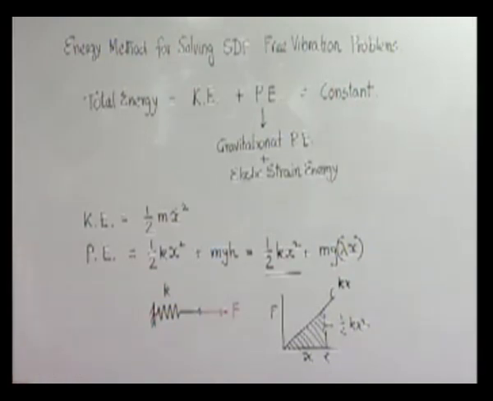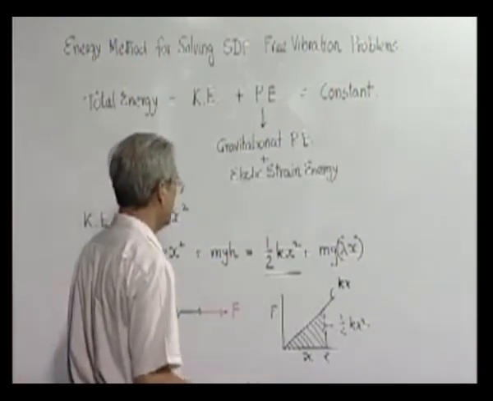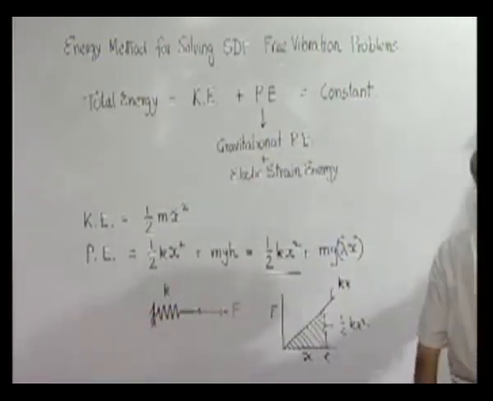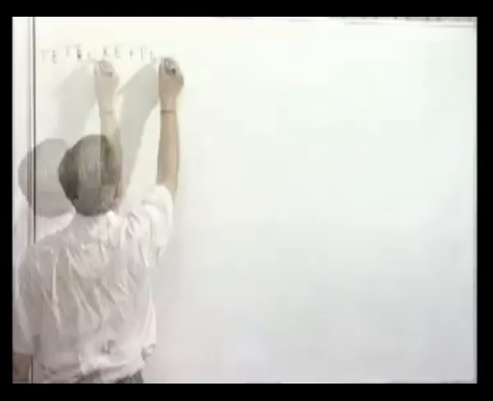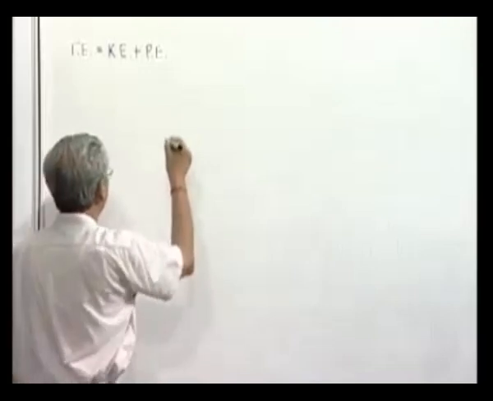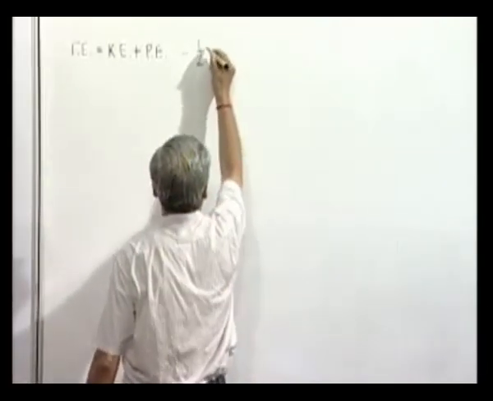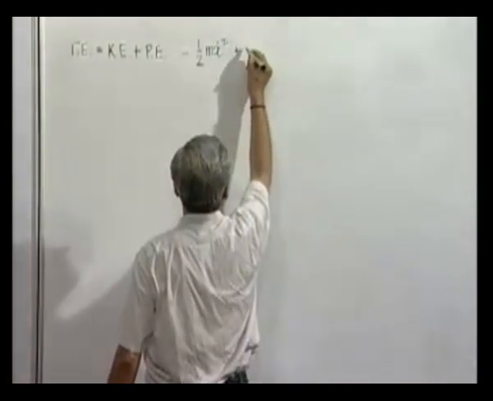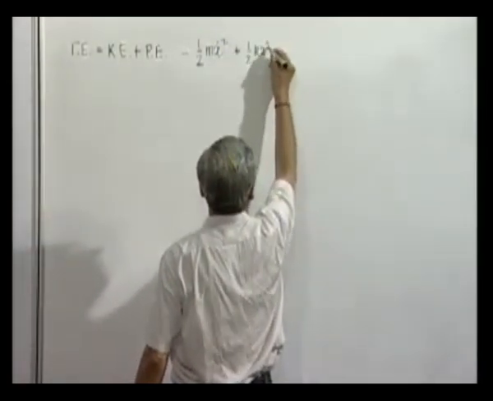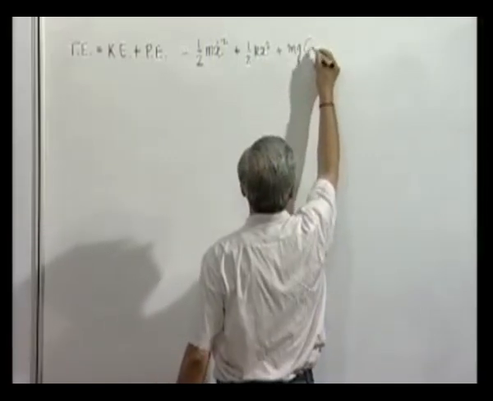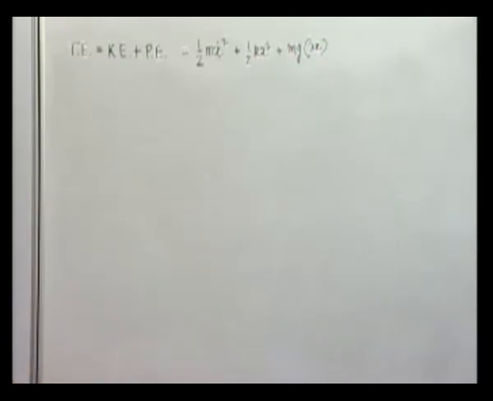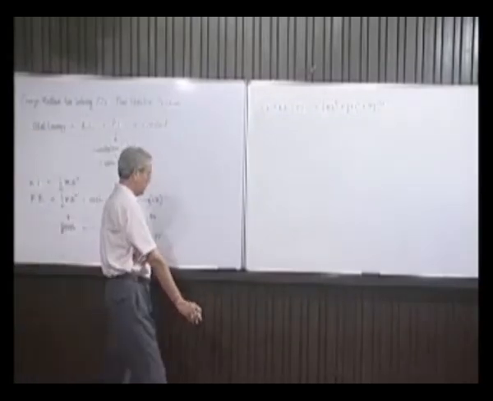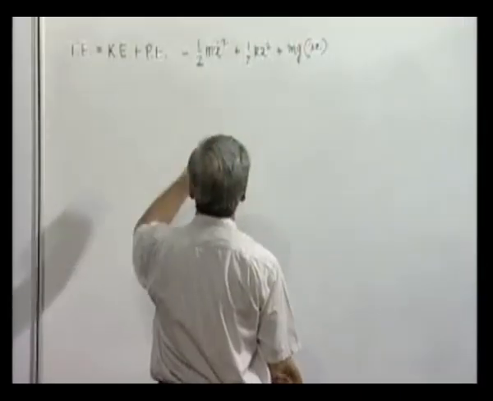So therefore, the total energy of a system will be the kinetic energy plus potential energy. So total energy is equal to kinetic energy plus potential energy, which is again nothing but the expression we wrote. Now we will see that there are two possibilities.